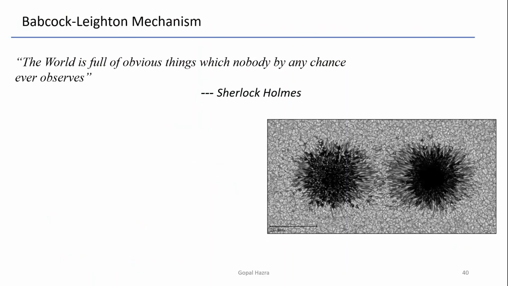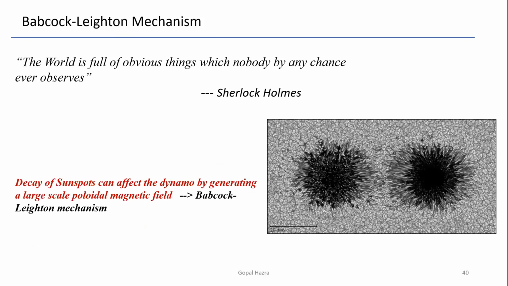Then, the world is like everything is obvious, but people do not observe. We already had the sunspot and it has a tilt, and some people had already proposed the idea that when you have a tilt, it can create the poloidal field. But we just completely neglected it, or sometimes at that time the classical theory was looking very promising, so this idea was overlooked.